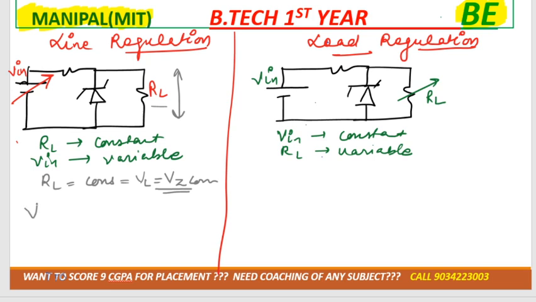तो if Vin is varying, then current IS, यहाँ से जो करंट निकल रहा है that is IS, that also vary, yes or no?